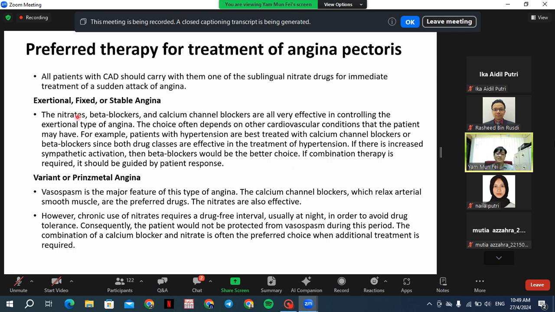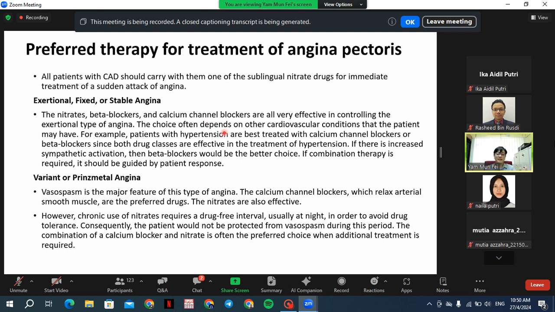You can use nitrate, beta blocker, or calcium channel blocker to control the condition. You also need to consider, in the same group of patients with stable angina, whether they have other conditions as well or not.